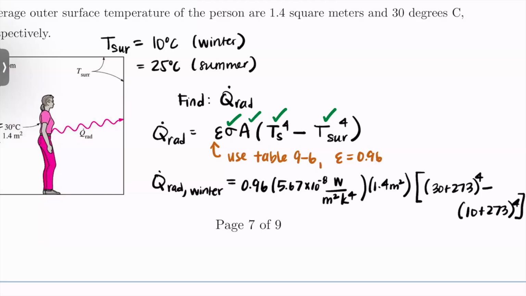These are units of Kelvin to the fourth, and we get 152 watts for the winter.